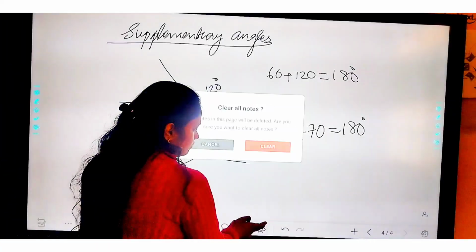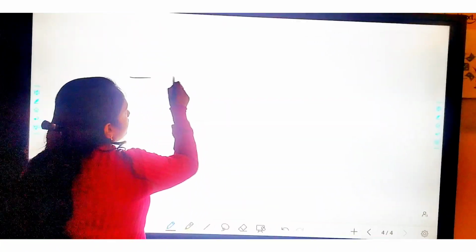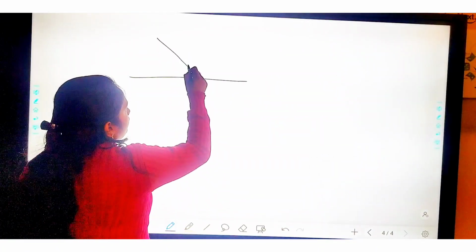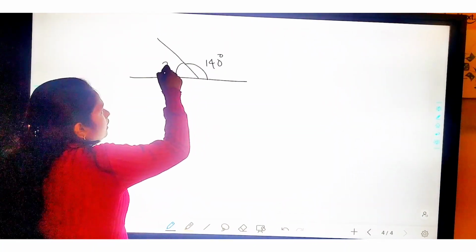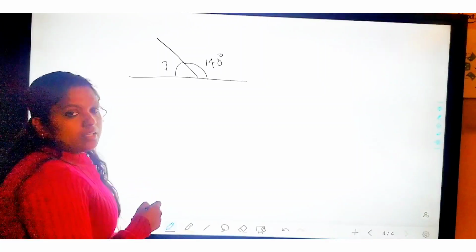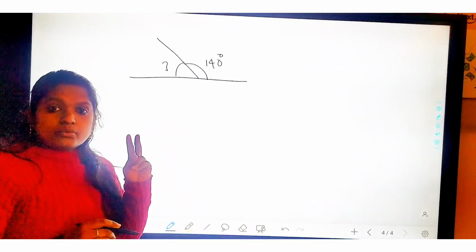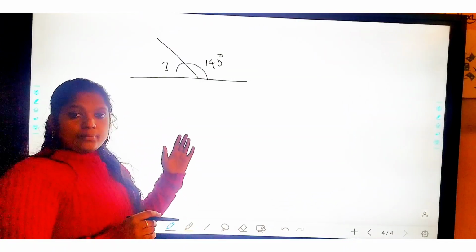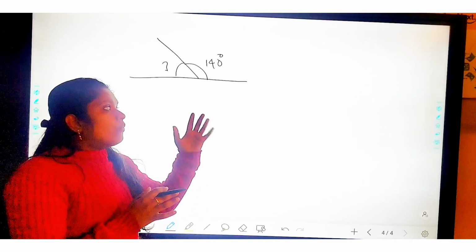Then we take another one. If one angle is 140 degree, what is the other angle? How will we find the supplementary angle? We know that two angles are said to be supplementary if the sum of their measures is 180 degree.